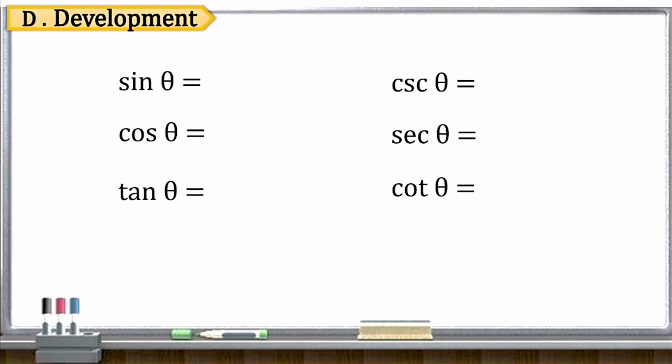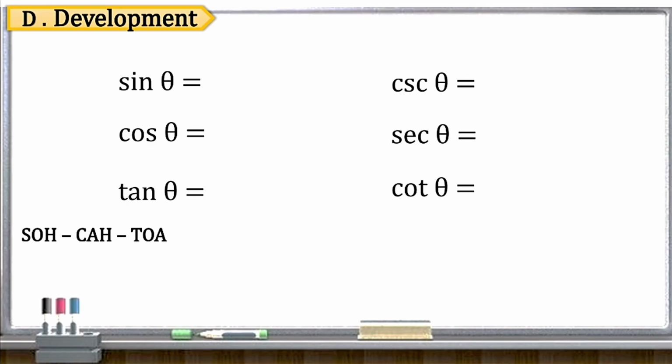This time, isa-isayin natin class ang 6 trigonometric ratios: sin theta, cosine theta, tangent theta, cosecant theta, secant theta, and cotangent theta, sa tulong ng SOHCAHTOA. Sir, ano ba yung SOHCAHTOA?